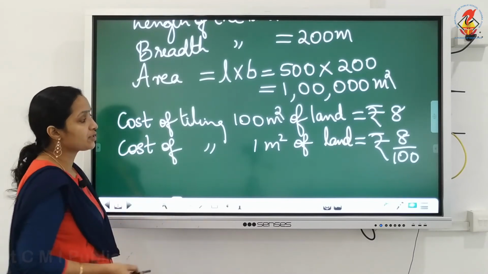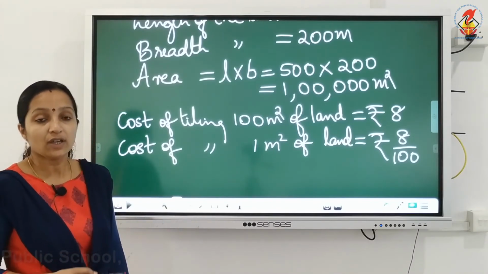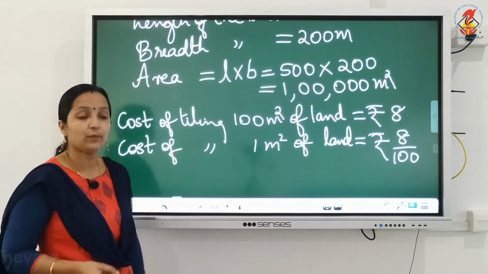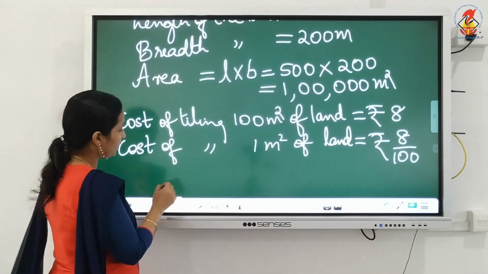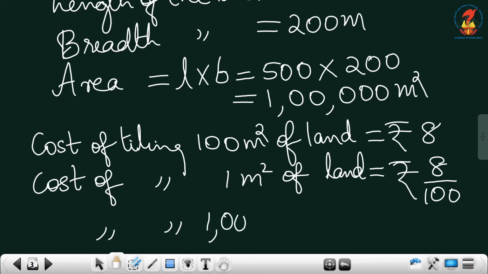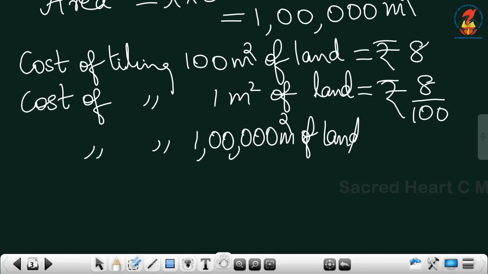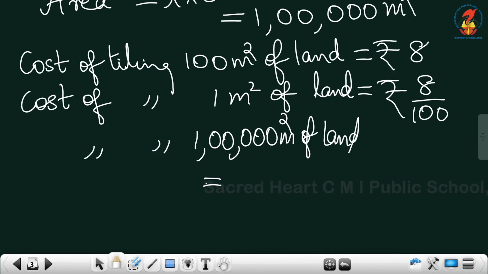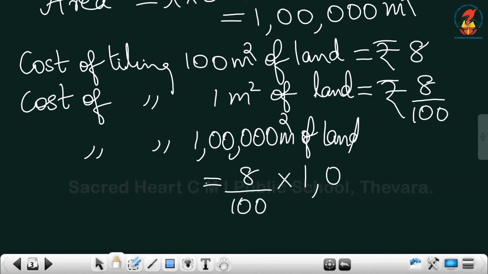So if you know the cost of tiling 1 meter square of land, how will we find the cost of tiling 1 lakh meter square of land? 1 lakh meter square of land is equal to, how will we find, children? 8 by 100 into 1 lakh.